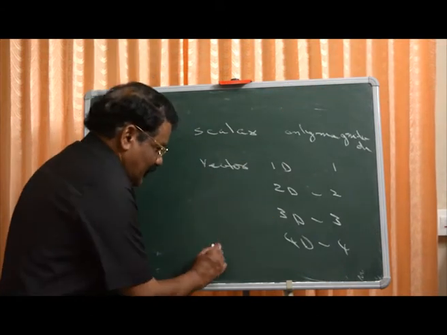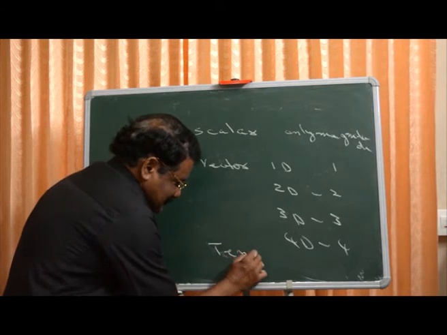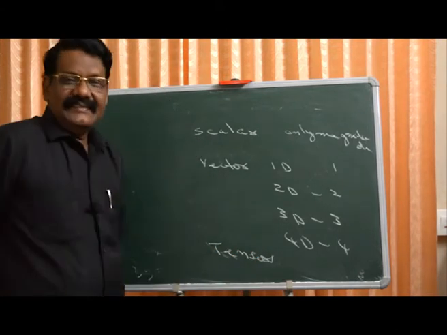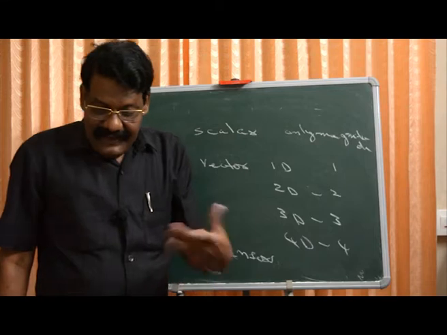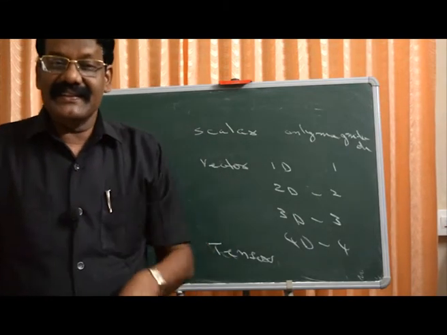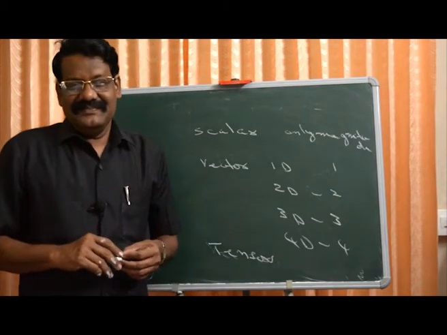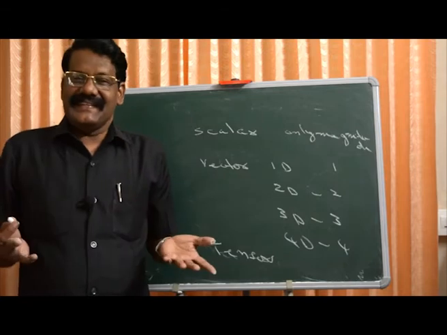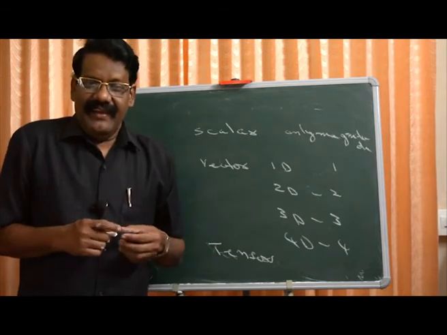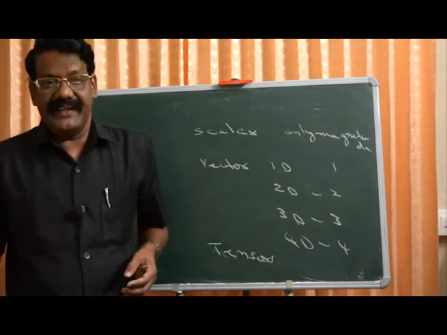But what about tensors? We dealt with several examples in 3 dimensions. In 3 dimensions, this coupling constant has 9 components. Correct? So what is a tensor? A tensor is a quantity having a larger number of components than the dimensionality.